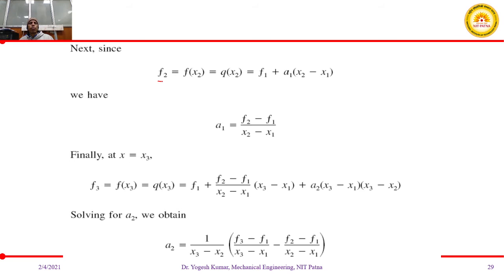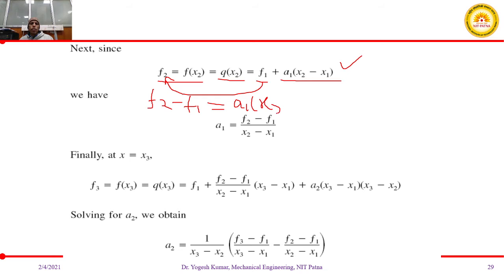Here we can see f2, equal to Q(x2), equals f1 plus a1 times x2 minus x1. If we shift the value of f1 to the left hand side, this will be f2 minus f1 equal to a1 times x2 minus x1.